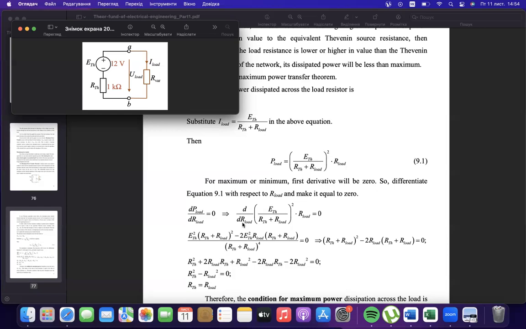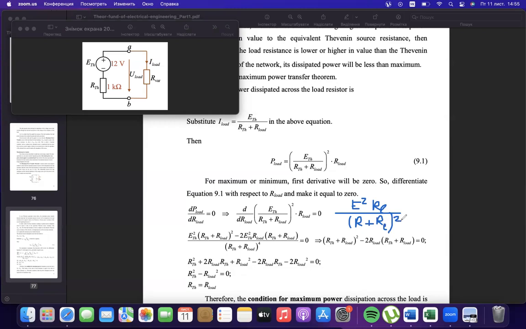That is why we could use the formula for the derivative of a multiplication, or even the formula for the derivative of a ratio, because we could write it as E square R load, and in the bottom part will be R of our generator plus R load, squared.